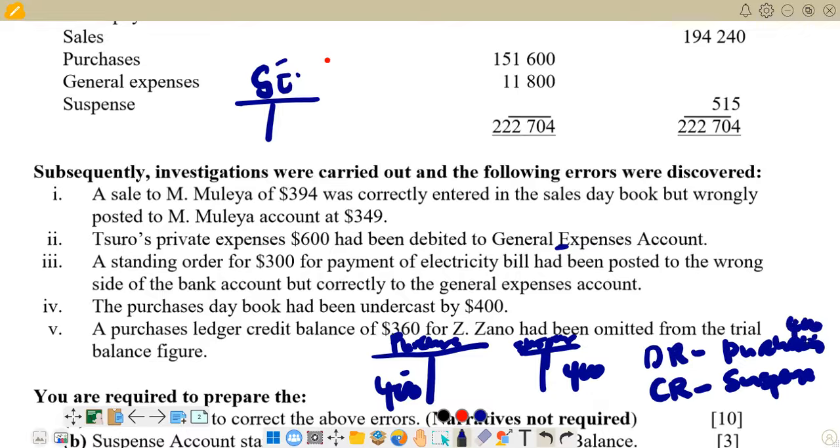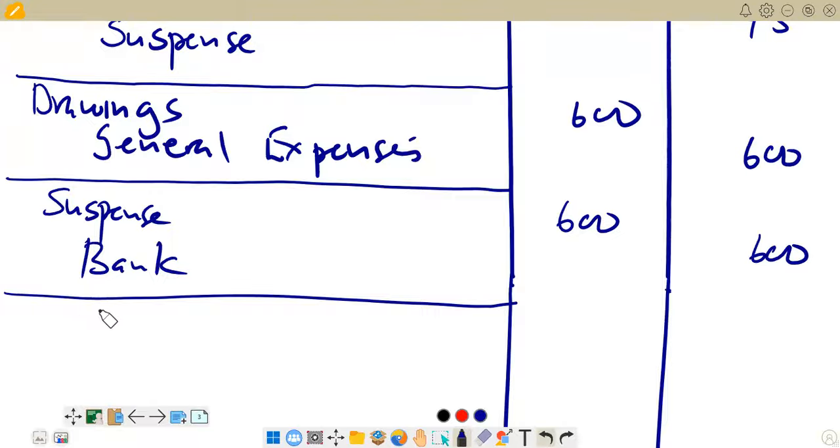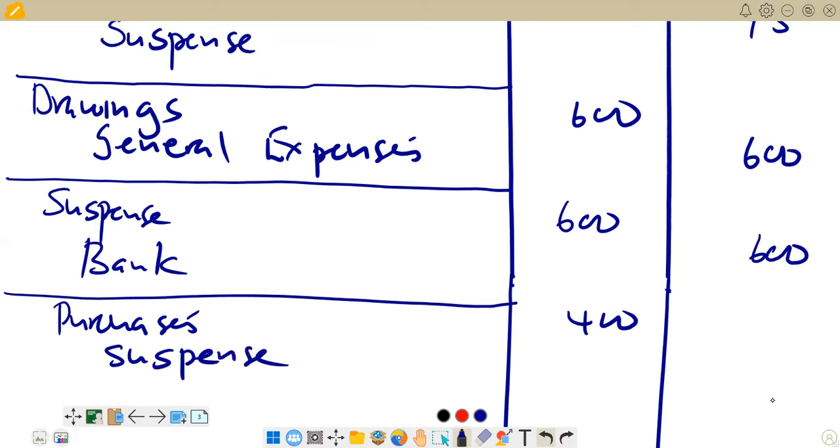So you have 400 here, and also here you have 400. You can go and summarize that double entry in the answer section. So if you come here, we are now saying purchases 400, and obviously this is going to affect our suspense. So on the credit side of suspense, we also put our 400. That's what we have in terms of that error.